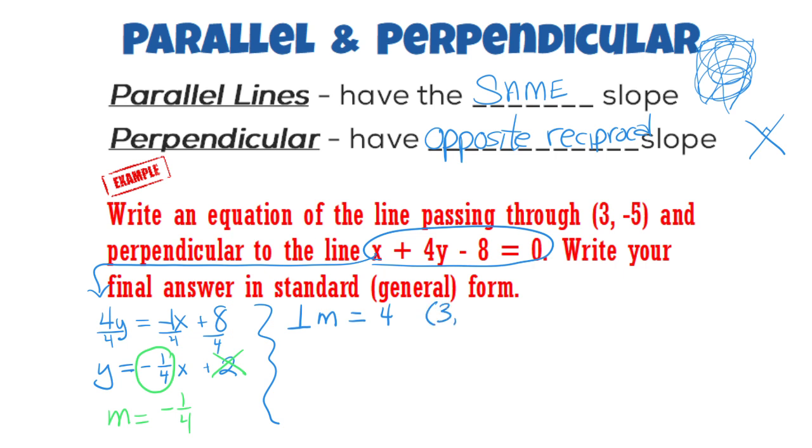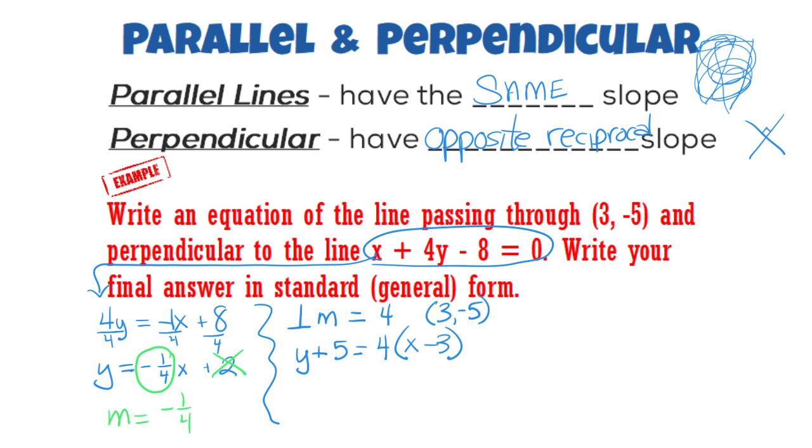And then they gave me this ordered pair, (3, -5). Notice again, it's point and slope. So I'm going to do point-slope form. y minus the y value, so that's going to turn to +5, equals, the slope I want is a positive 4, and then x minus the x value.